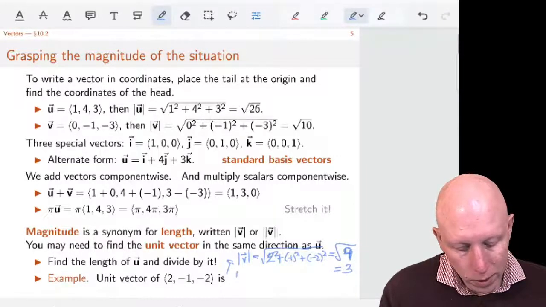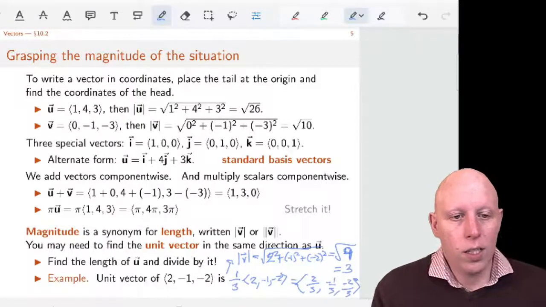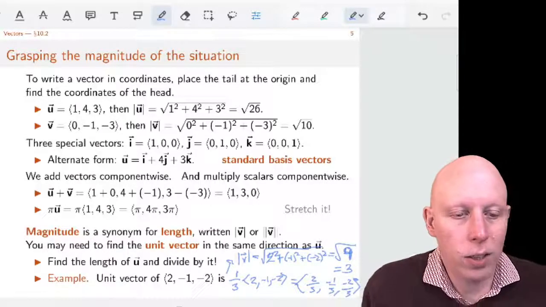So the unit vector takes this vector and divides by its length. So we get the vector 2/3, negative 1/3, negative 2/3. And that's the unit vector in that direction.